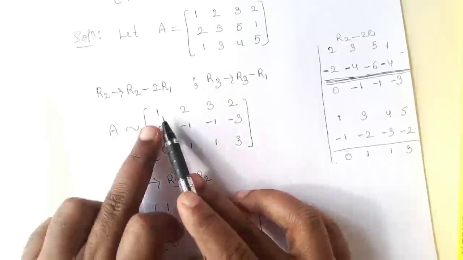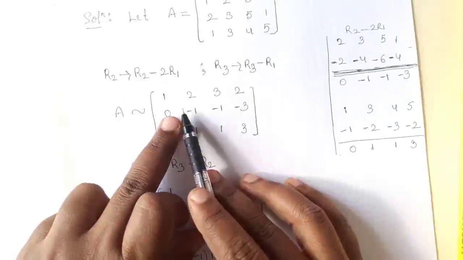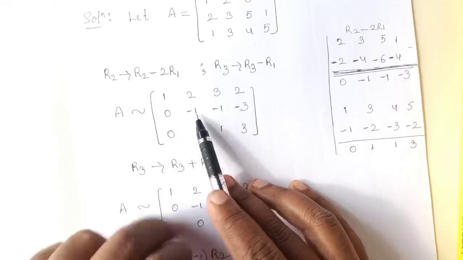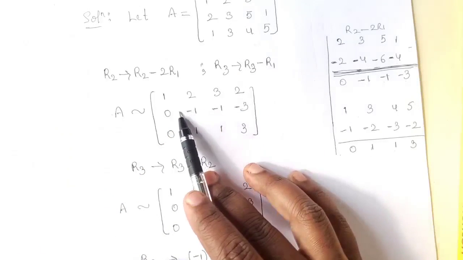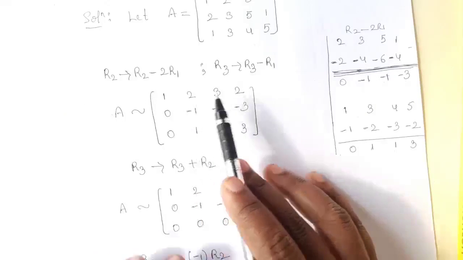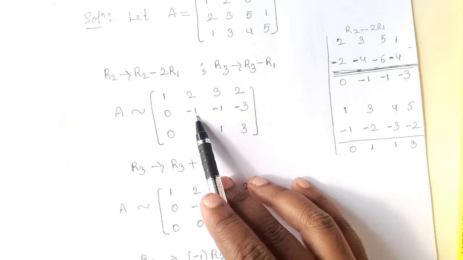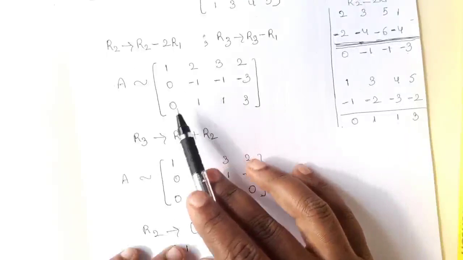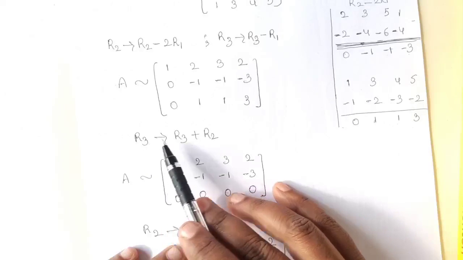Now we have made these two zeros. Next we come to this entry, minus 1. Here we need plus 1, therefore we can multiply by minus 1, or we can first make the entry below it 0 and then go for making 1. So to make this entry 0, we apply the elementary operation R3 plus R2.